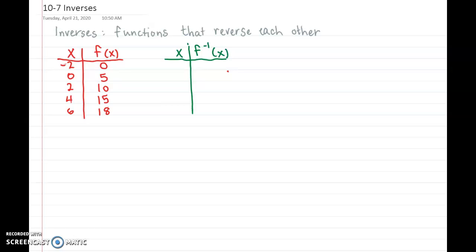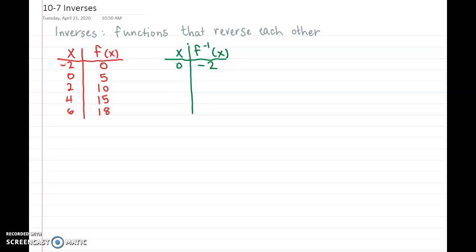In order to fill out a table for the inverse, we just have to know that they reverse each other. So in the function, if my input is -2, my output is 0. For the inverse, if the input is 0, the output would be -2. So if I put -2 into my function, I get 0, then I put 0 into the inverse, I reverse myself back to -2.